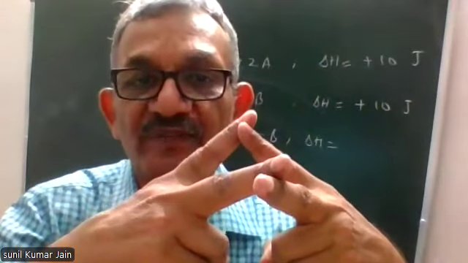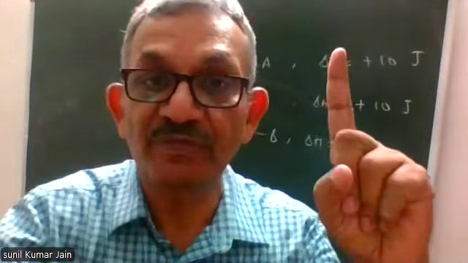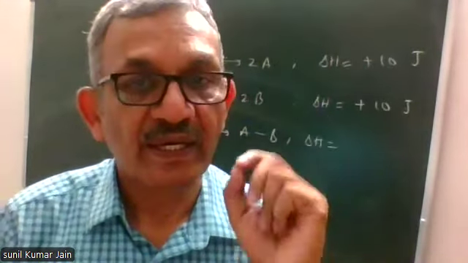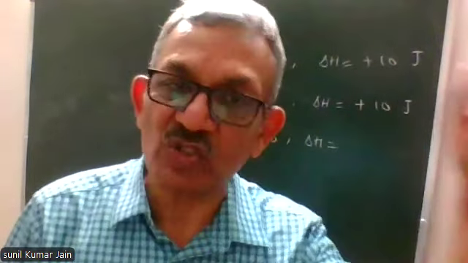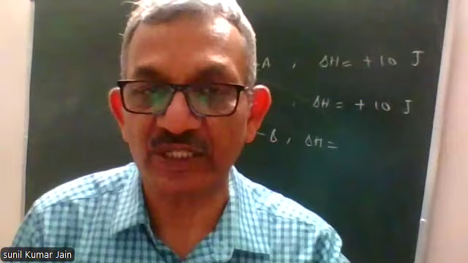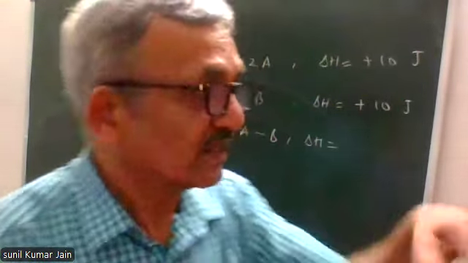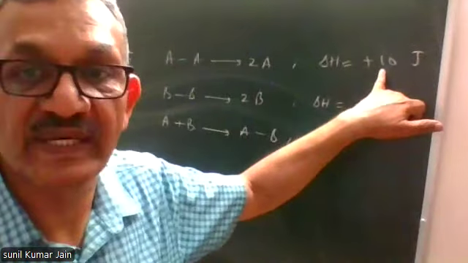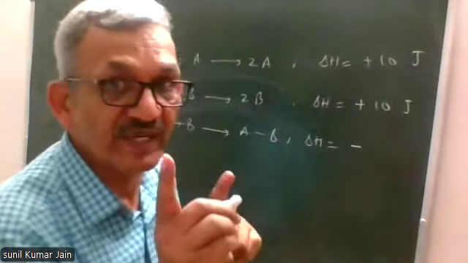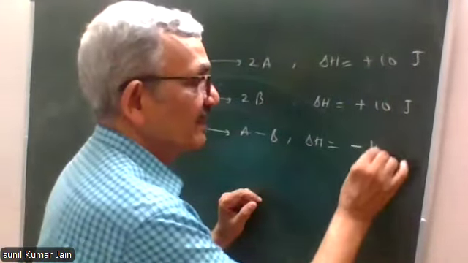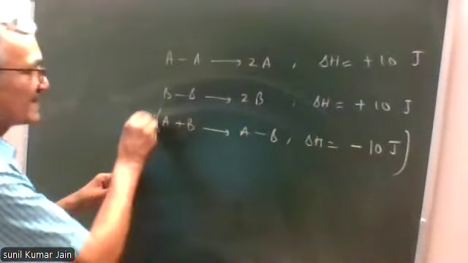When they come in contact with each other, two AB attractions will be formed. Since the new AB attraction formed is as strong as AA or BB attraction, the energy released will be equal to the energy required to break the attraction. It means the energy released, exothermic, will be minus 10 joules, and this will be twice.